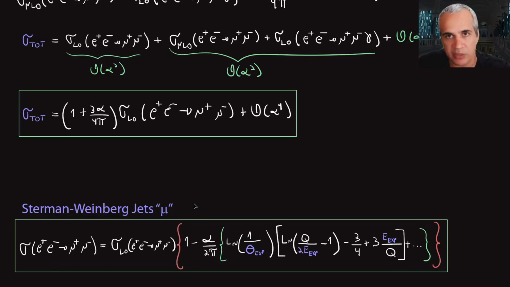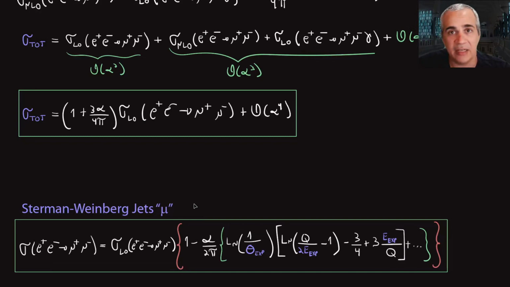So if you include that from the start of your calculation, this is a much more complicated calculation, because then you cannot do anything at the matrix element level. You have to always go to cross sections, because the integration of your phase space gets really complicated, because you have to cut for small energies of the photon, for small angles between these particles.